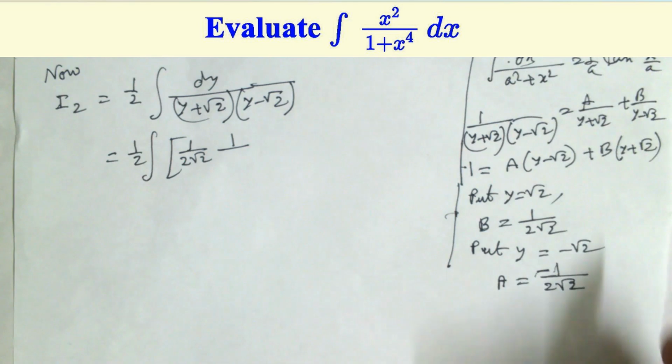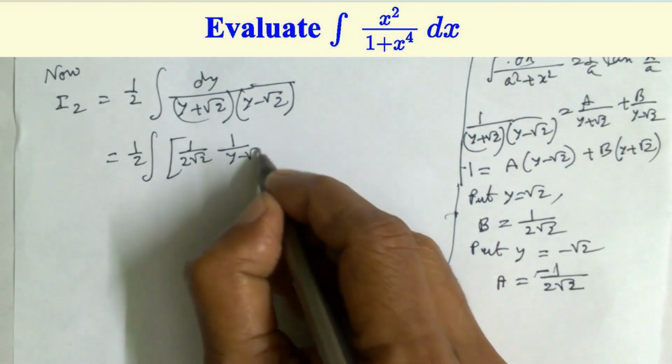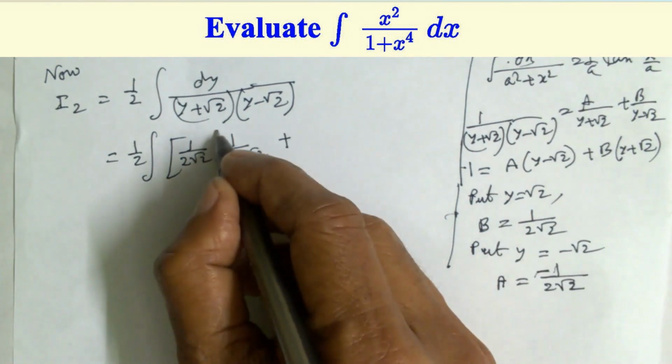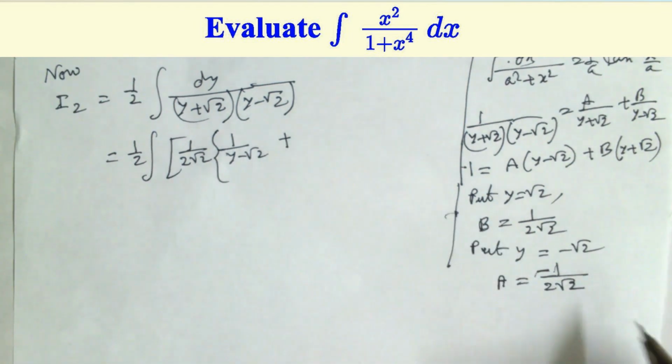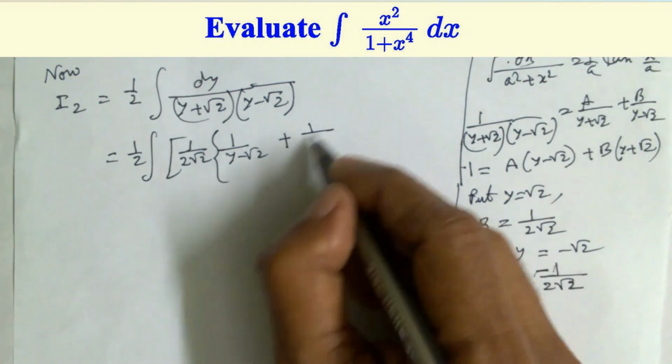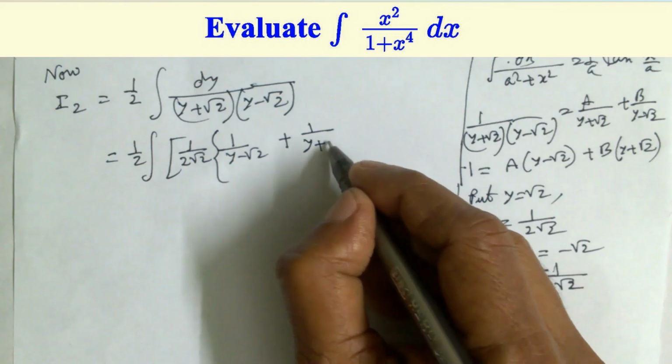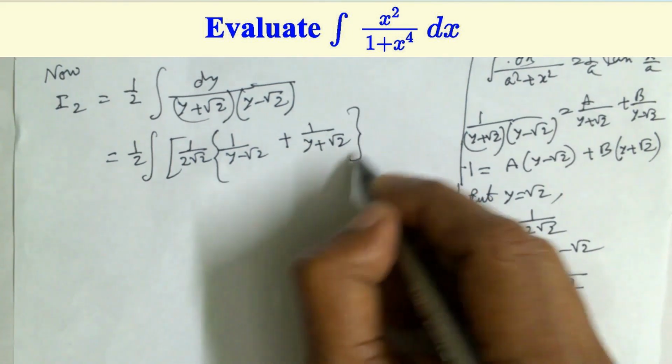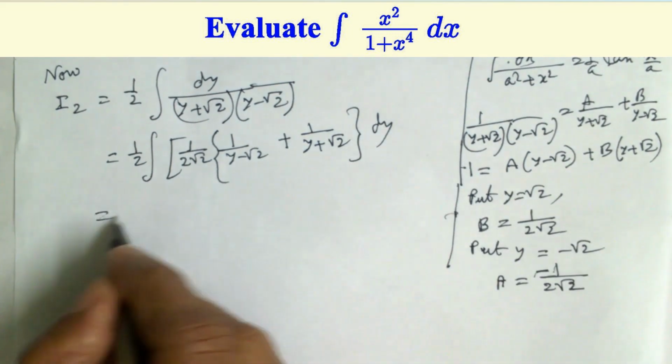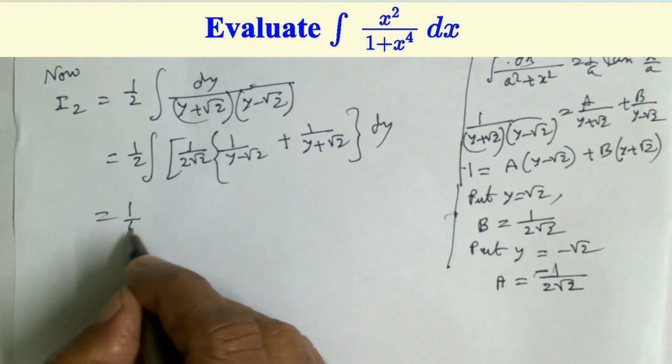1 by y minus root 2 plus, we may take out common, 1 by y plus root 2 dy. Now integrate. Now take out this 1 by 4 root 2.